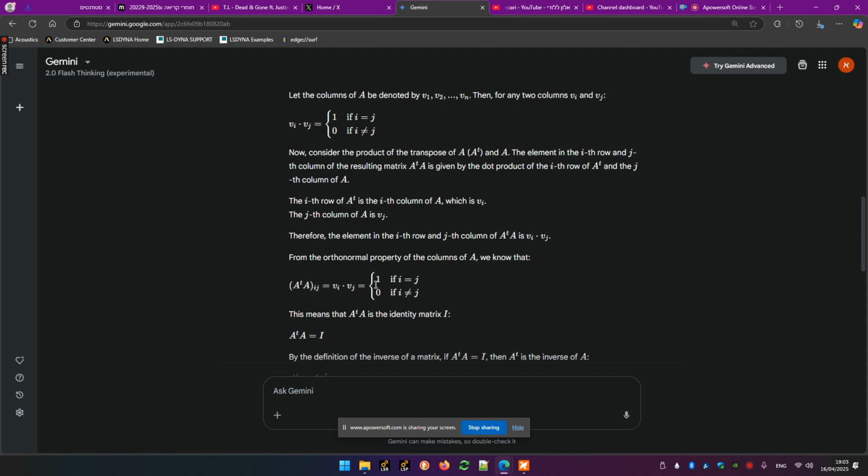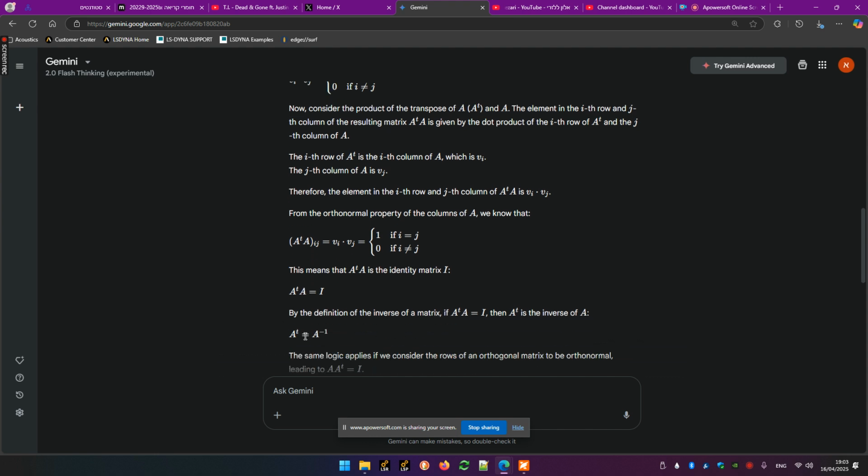Ones on the diagonal and 0 anywhere else. So this multiplication for orthogonal matrix gives you exactly, because of the orthogonality of the vectors, which are the columns of the matrix, the identity matrix. And if you get from this the identity matrix, by definition, A transpose is the inverse of A.